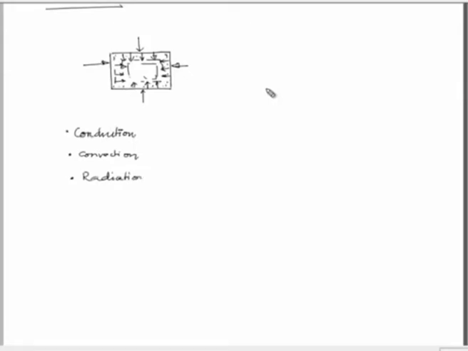If of course it is a solid material, then radiation will not come into the picture, but these are the 3 conventional modes of heat transfer.